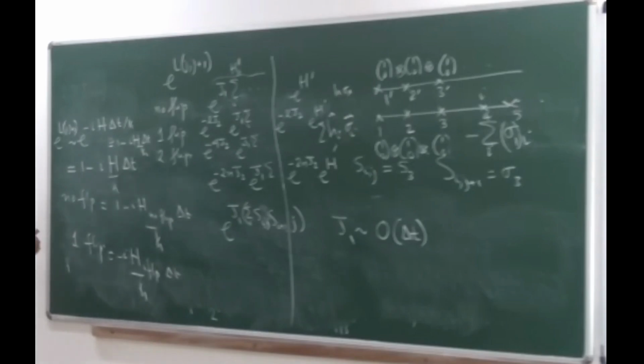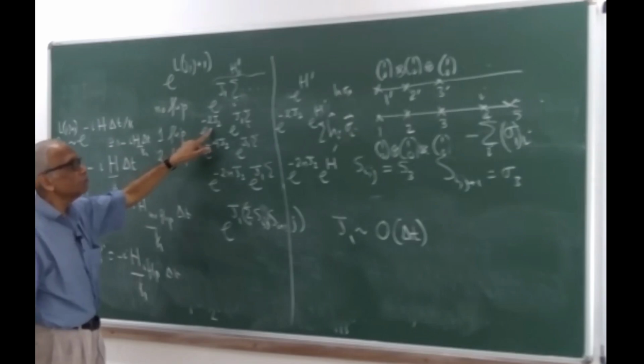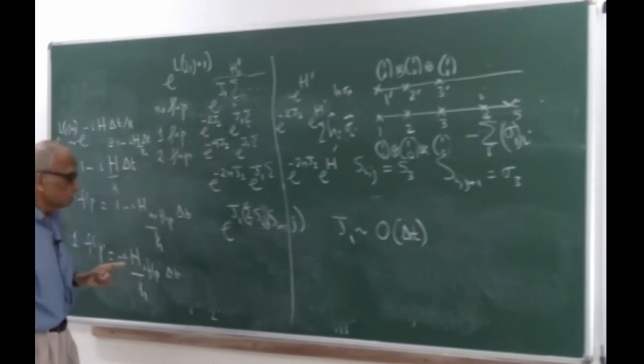So this one flip matrix element is like H one flip times delta T. And what does one flip actually mean? One flip means that I have e to the power minus 2j2 extra. Yeah.